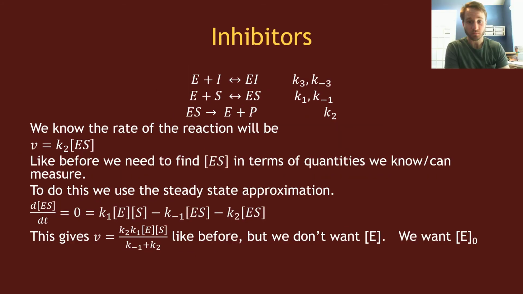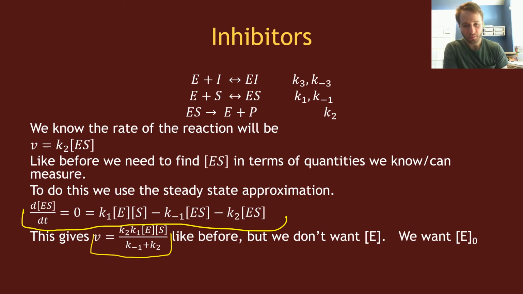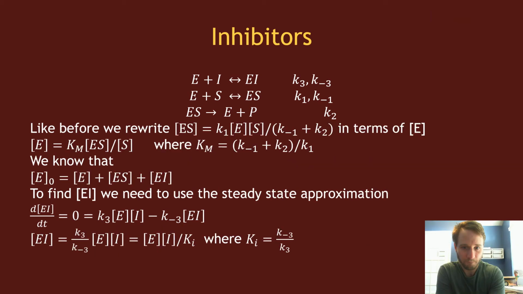So we're going to follow the same kind of procedure, where again, we have the same steady state approximation as a normal enzyme reaction. And again, you can write the rate of that reaction in terms of the free enzyme concentration and the substrate concentration, but again, we don't want the free enzyme concentration, and so we've got to substitute that out.